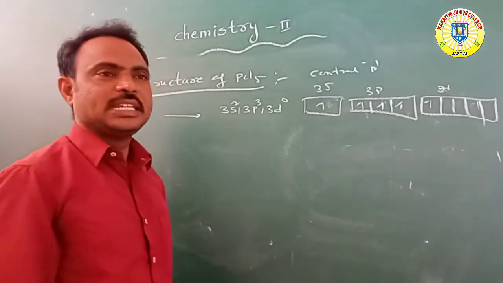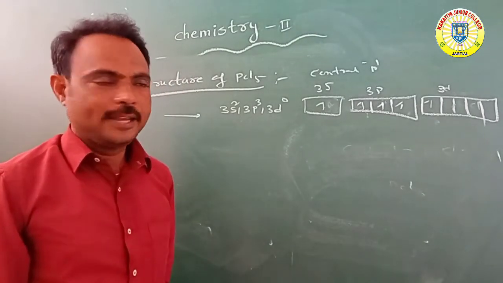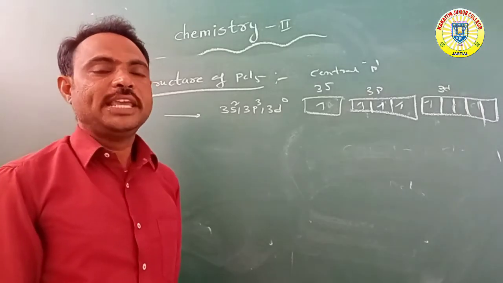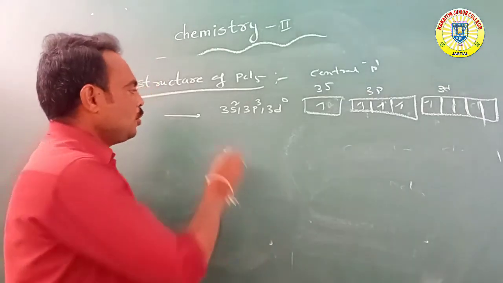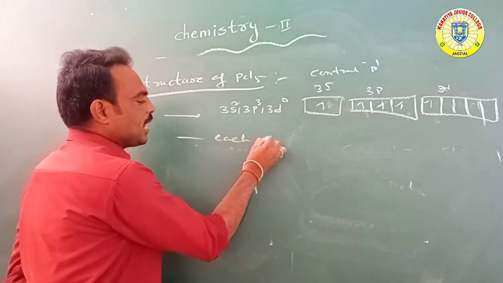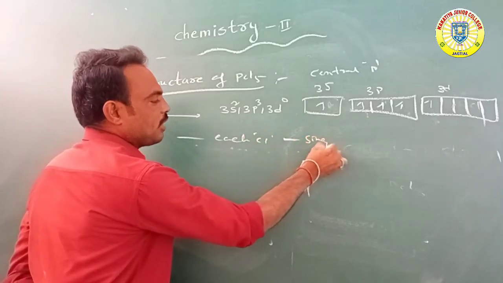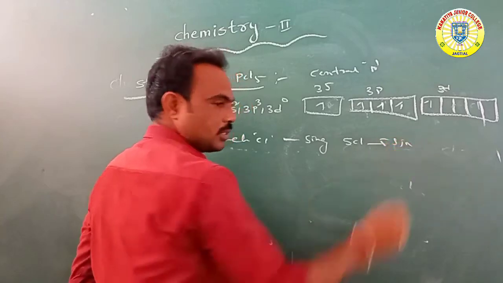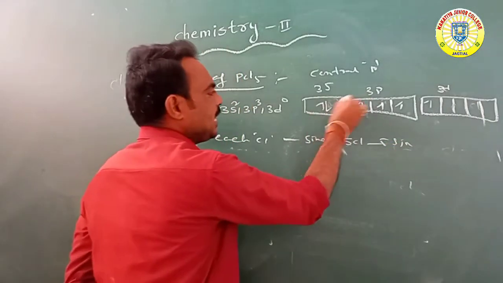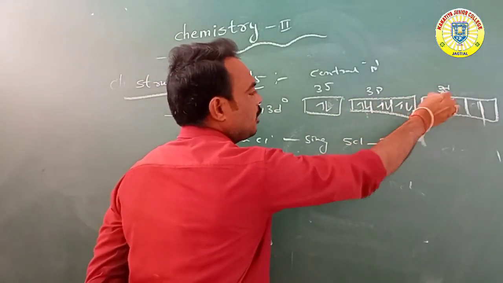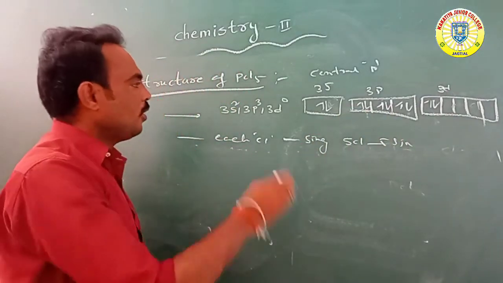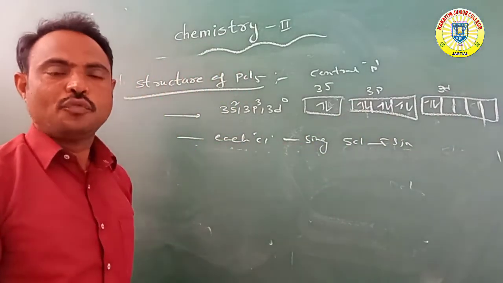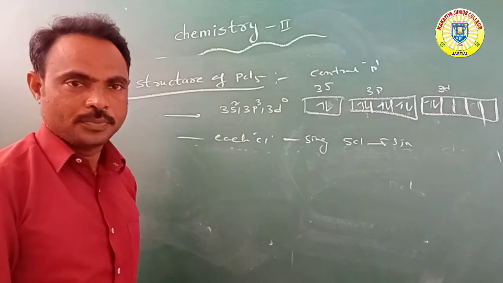So in the excited state, phosphorus contains a total of 5 single electrons. Each chlorine atom contains 1 single electron, so 5 chlorine atoms contain 5 single electrons. These 5 single electrons bond with the 5 single electrons of the phosphorus atom to form PCl5.